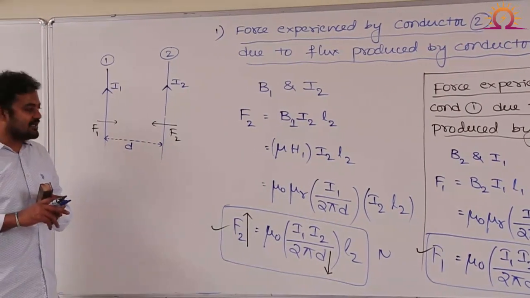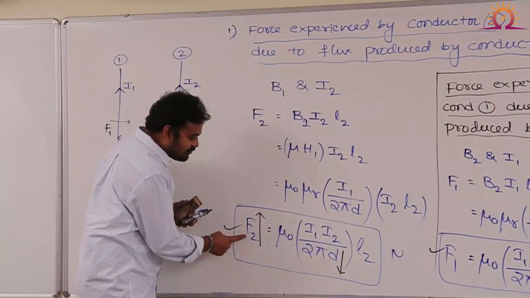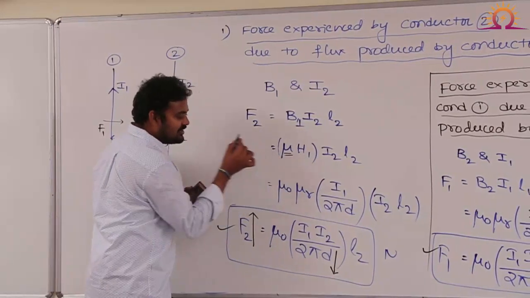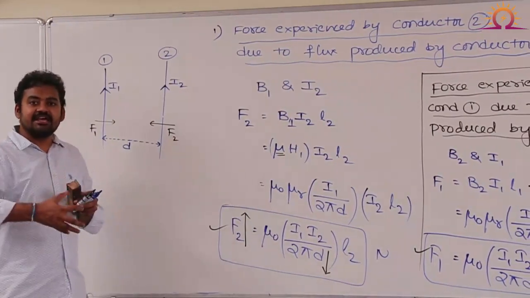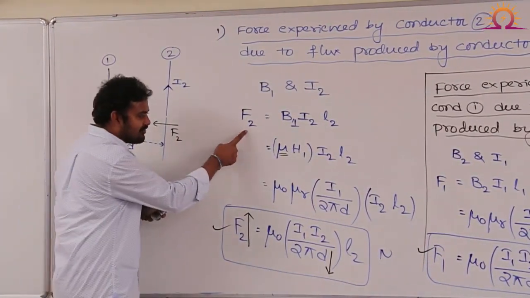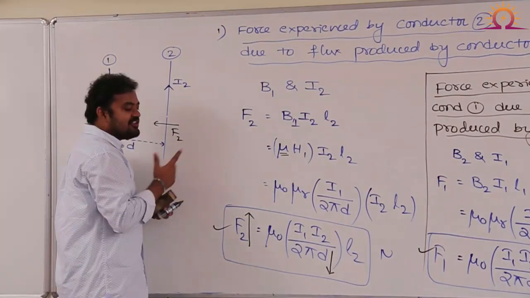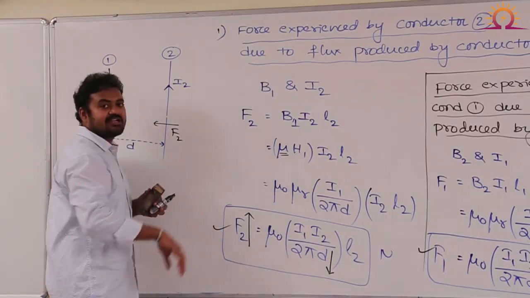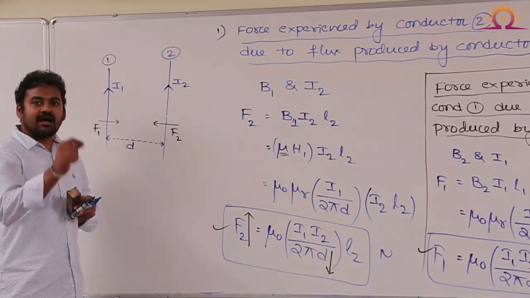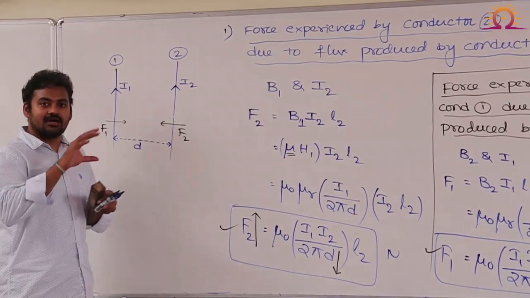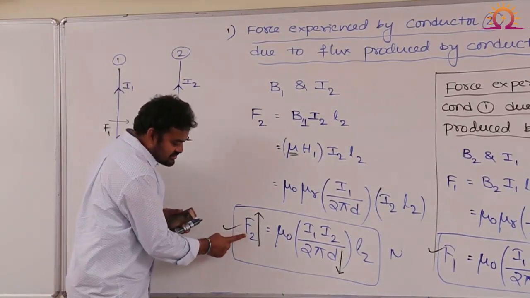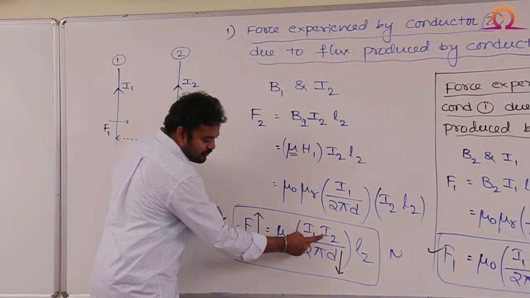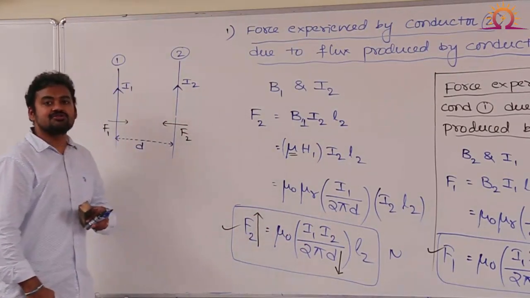And also you see that the magnitude of the force depends upon permeability. If the medium is highly permeable, you can expect more force of attraction. If air is the medium, definitely permeability is less, therefore the force of attraction is also less. And a few more conclusions are, force is also directly proportional to the product of the currents carried by these two conductors.